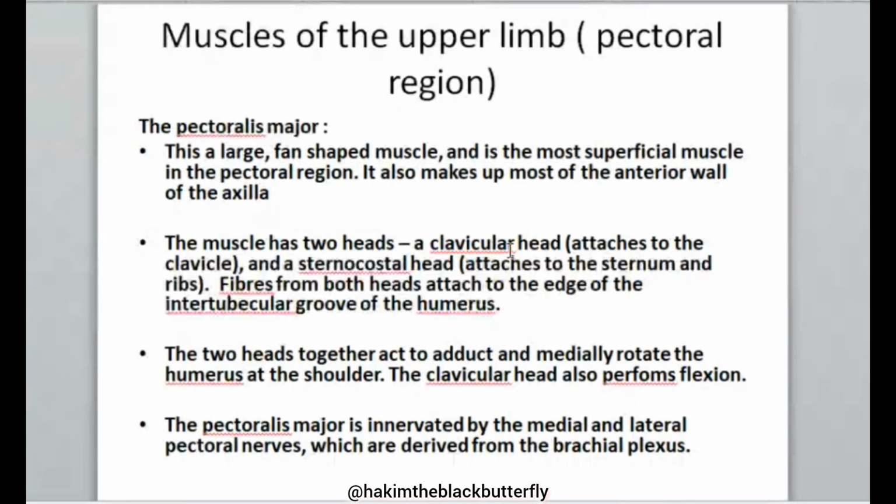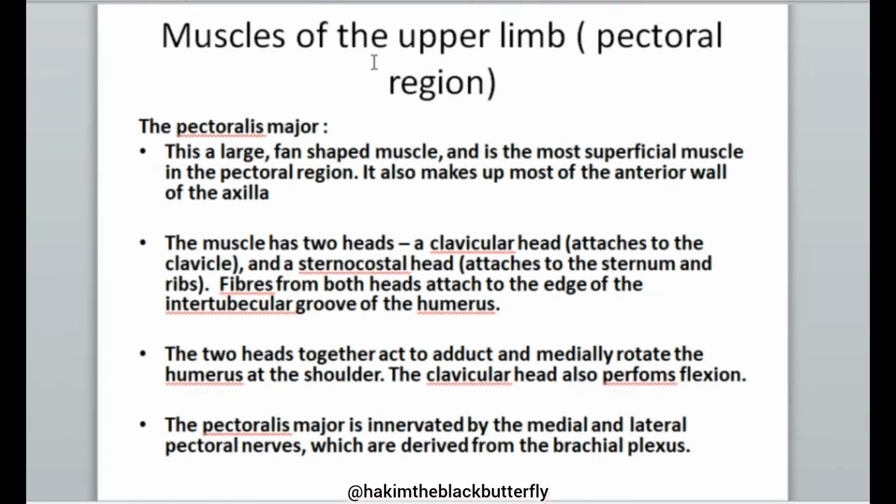Now let us begin looking at the muscles. But today we are only going to look at the muscle of the pectoral region. Remember, the pectoral region is the region of the breast. So whenever you see pectoral region, you're talking about the region of the breast.